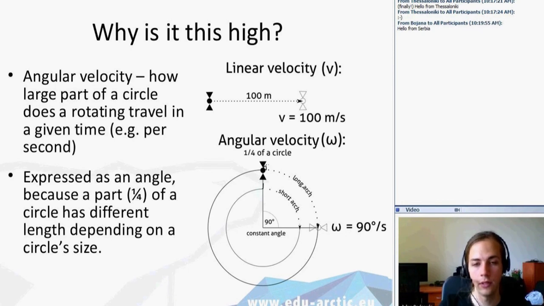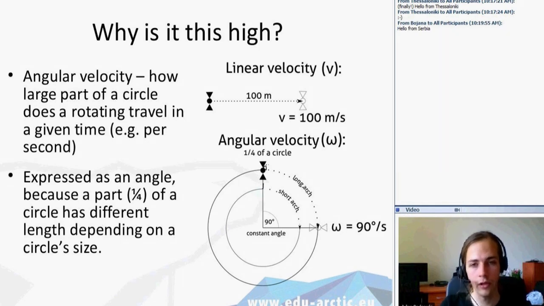So the physicists needed a measure of this to compare the two satellites, and they noticed that when an object travels 1/4 of a circle, it can be said that it travels 90 degrees, because 1/4 of a circle corresponds to an angle of 90 degrees regardless of the circle's size.